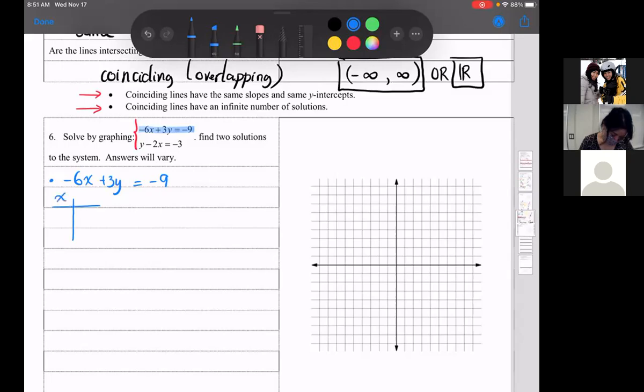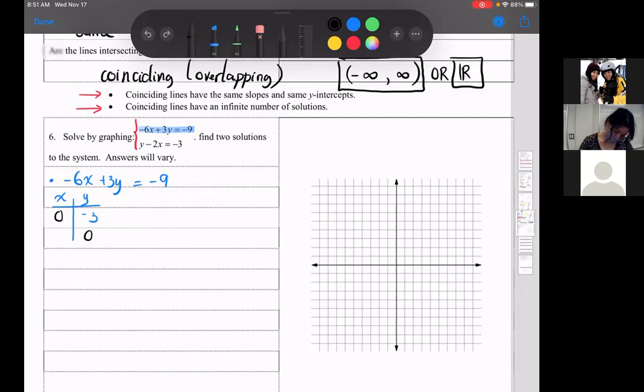So for the first equation, I'm going to use the pick point method. You can do whatever method you like; I'll accept both. When I pick x equals 0, divide both sides by 3, y is -3. When I pick y equals 0, negative 9 divided by -6 is 9/6, which is 3/2, right?